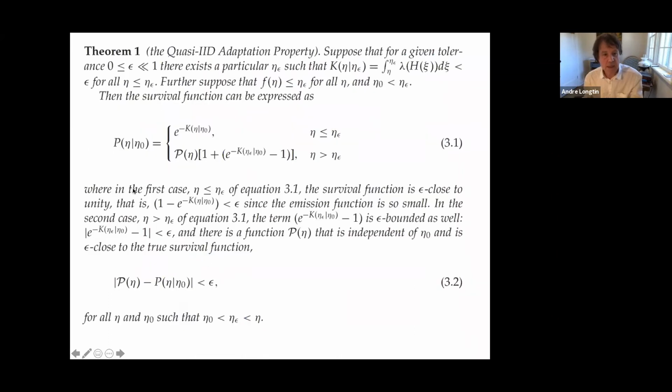So basically, we can show that the survival function is epsilon close to unity. That is, this thing over here is less than epsilon. If this is less than epsilon, that's good, because that means that P of eta given eta 0 is about P of eta.